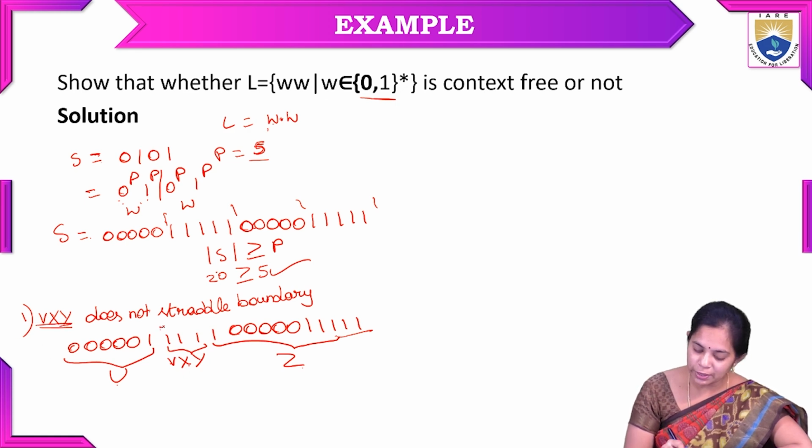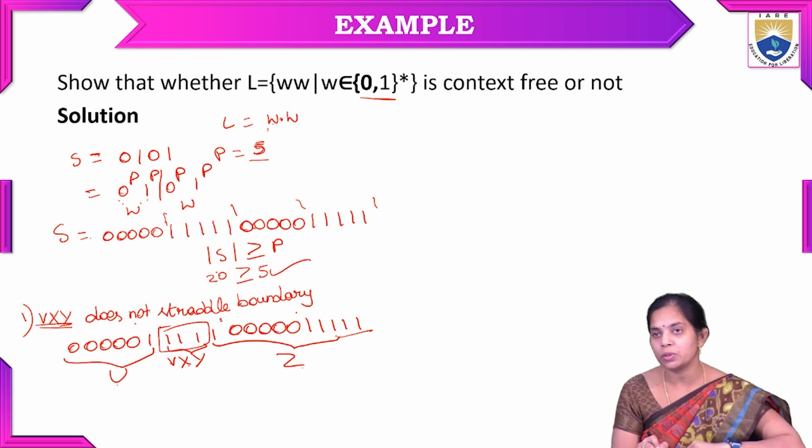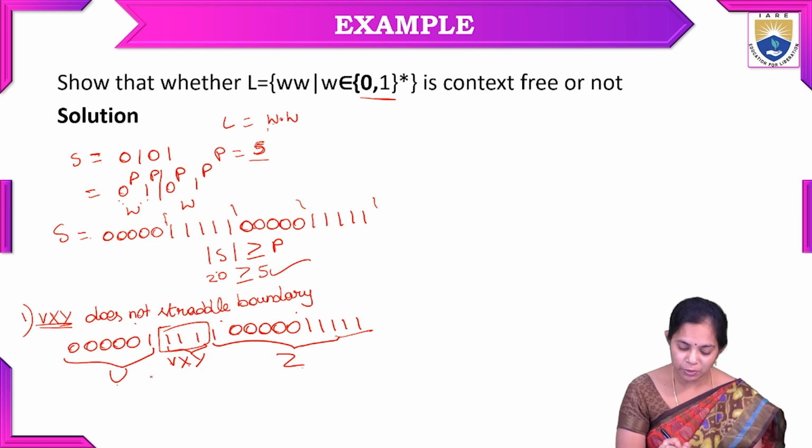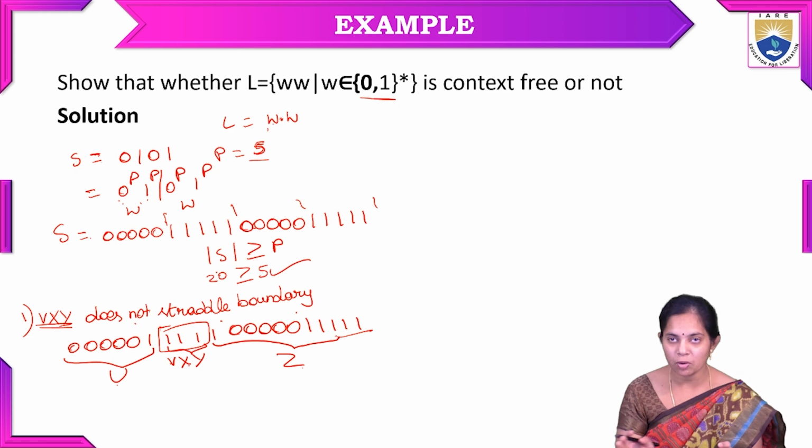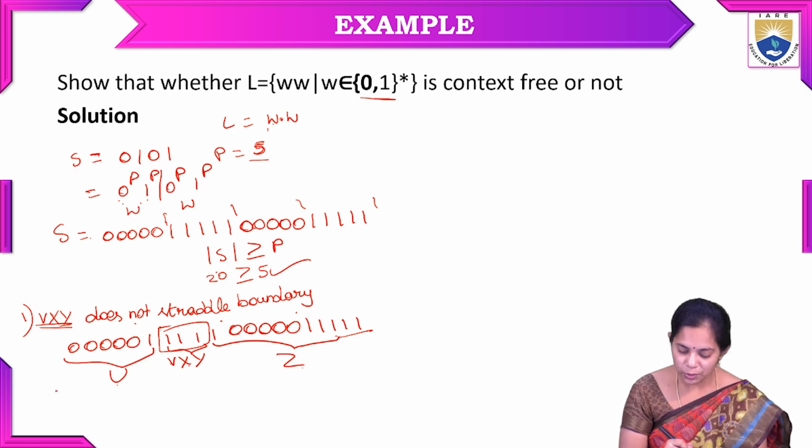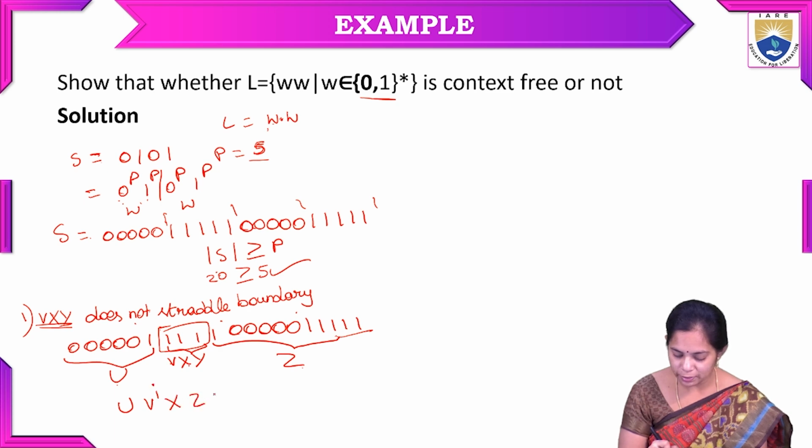So within the boundary, this is one boundary, this is one boundary, and this is one boundary, and within the boundary we have selected these three values. So this is one case, and let me check whether the given conditions are satisfied or not. Here we will check u, v power i, x, y power i and z.